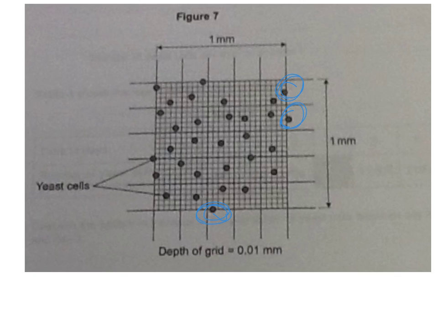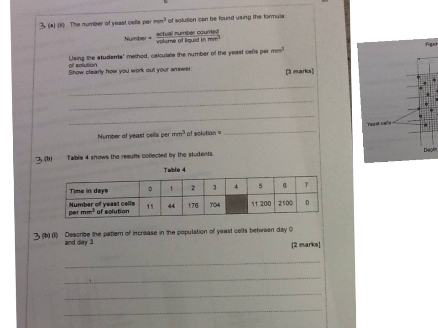So we now have to use that number of 28 with our equation that we're going to bring back in now. Okay, so we know our actual number counted was 28, and the volume of liquid, we can calculate that by multiplying all of the edges of the counting chamber.